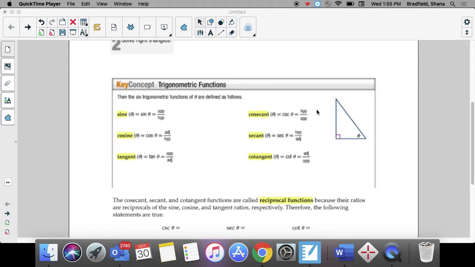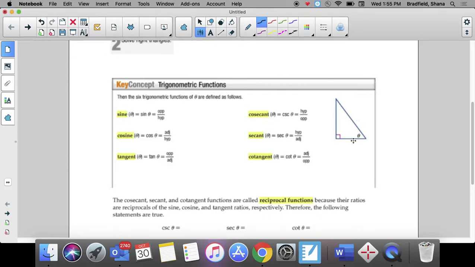Within that, we base these on a given angle in a right triangle. And then in relation to that angle, we have obviously 3 sides of a right triangle. The side next to it, but not the hypotenuse, is called the adjacent side.